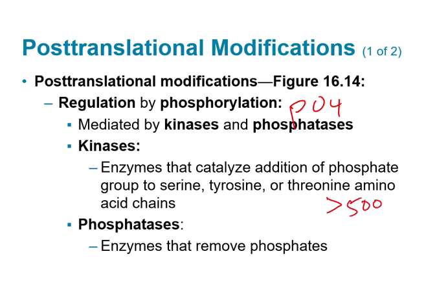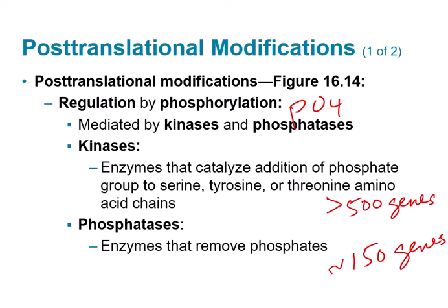More than 500 genes are related to producing kinases. And in phosphatases, this is about 150. Around 150 genes are related to phosphatases. So that means they are a fairly significant part of the genome. They are a significant part of how things function.